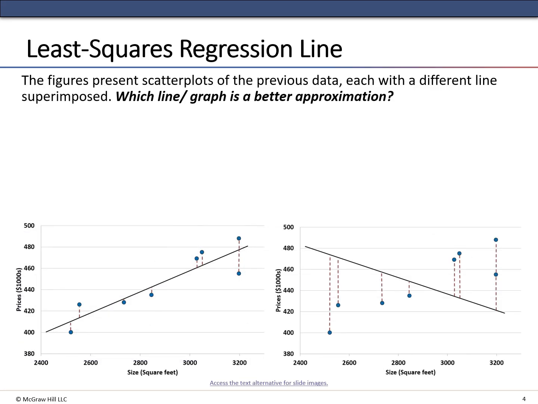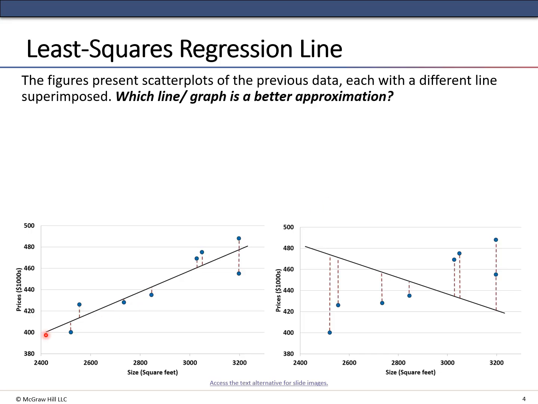The figures that you see below represent scatter plots of the previous data. Notice the data points are the same on both, but we've drawn a different linear or regression line.